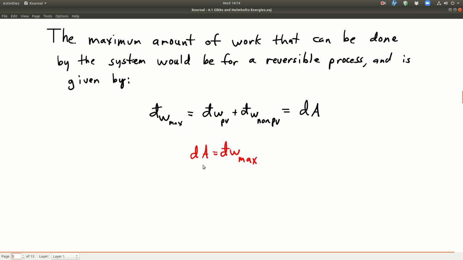So we get this expression right here. That's useful because if we're talking about an isothermal process and both types of work can possibly be done, then the maximum amount of work, usually we care about how much work can be done by the system, we can get from the Helmholtz energy.